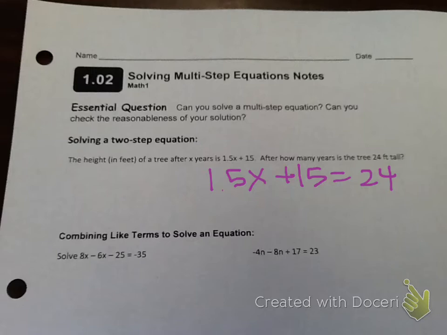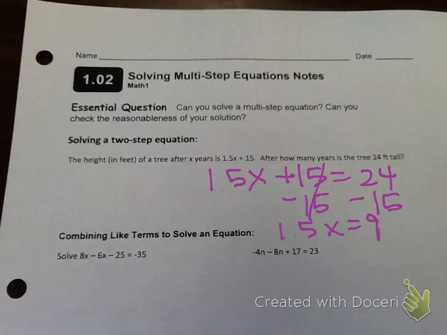And again, to solve a two-step equation, we add or subtract whatever is added or subtracted. So subtract 15 from both sides of my equal sign because I have to keep everything in balance. So I have 1.5x equals 9.